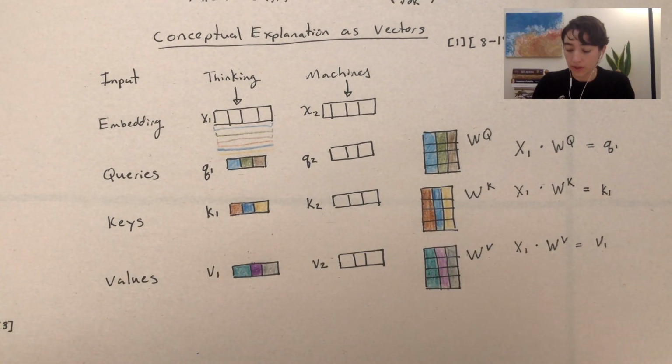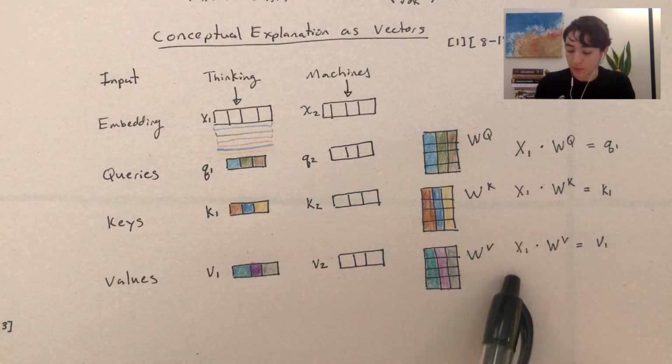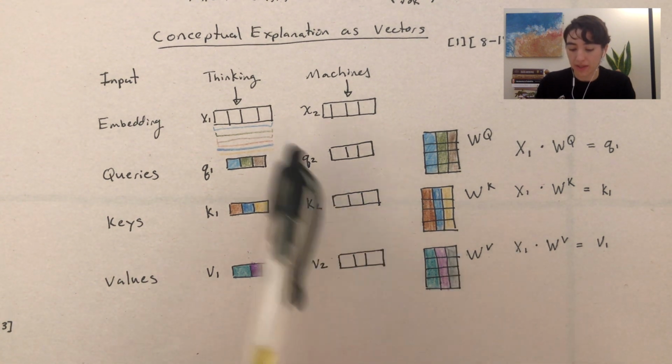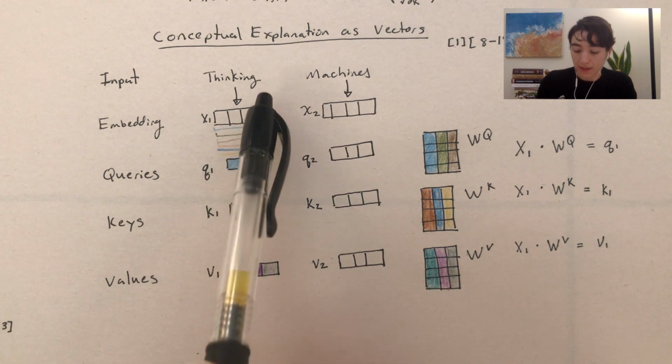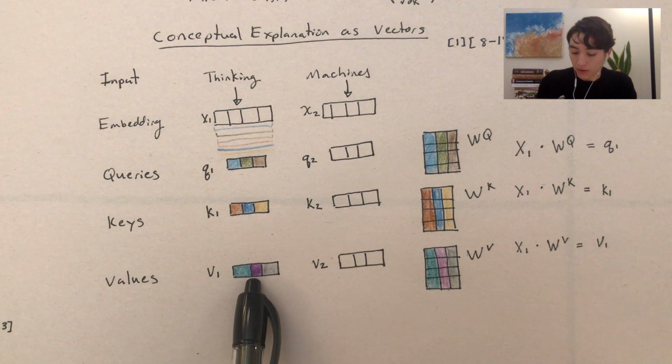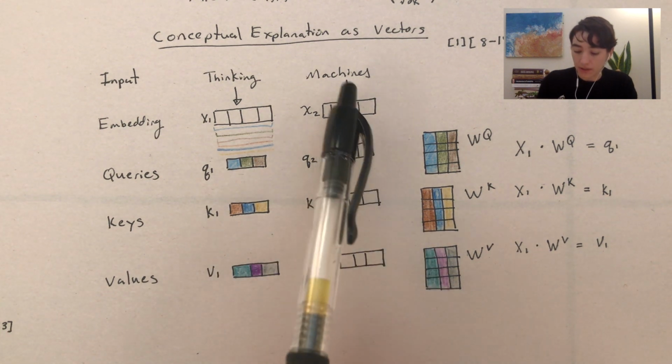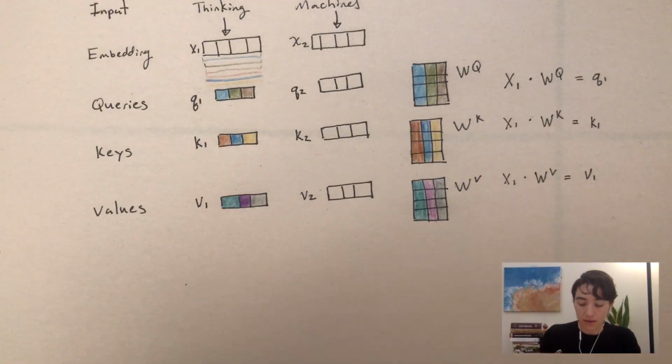It's important to note here that as we're doing these multiplications, we're doing them against the first word, and that's producing this whole column. We're also going to do it against the second word and produce this whole column. All right.